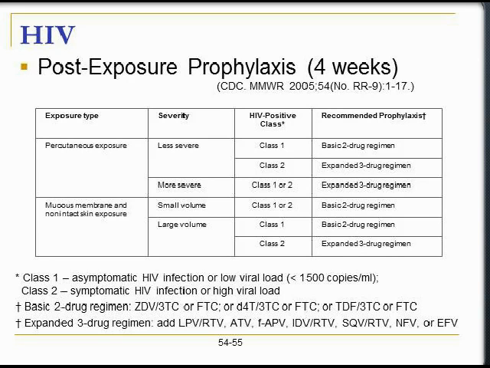So was it percutaneous or was it mucous membrane exposure, and then the severity of that exposure, and then the type of patient that you were exposed to. If you're exposed to an HIV patient with a very low viral load, then you only have to use a 2-drug regimen. It's a lower exposure because their viral load is so low.